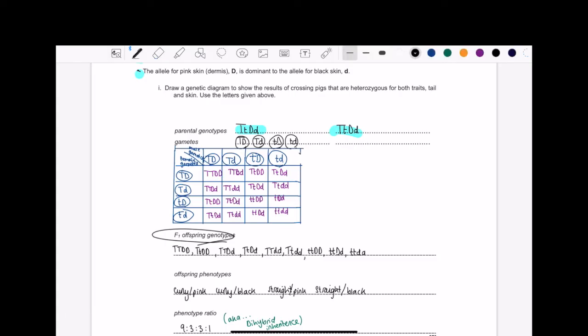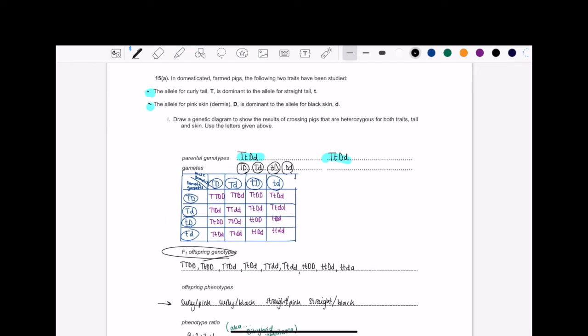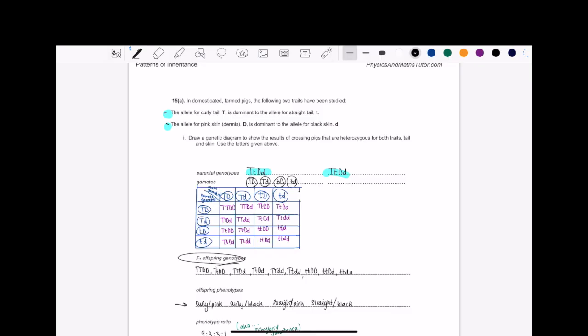Okay. Then it says offspring phenotype. So genotype is the actual letters, but the phenotype is the characteristic which is displayed, the characteristic we see, right? So curly or straight, stuff like that. I just matched it up, but you might be thinking, well, how do I know if it's curly or straight, pink or black? Is where you look here. Big T is dominant to the allele for straight tail, little t, meaning if there is TT, that means that it will be curly because T is dominant over little t.